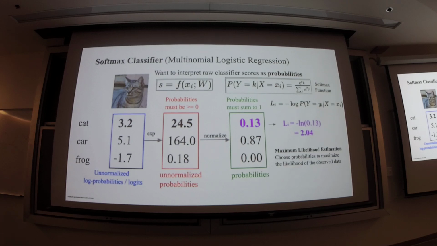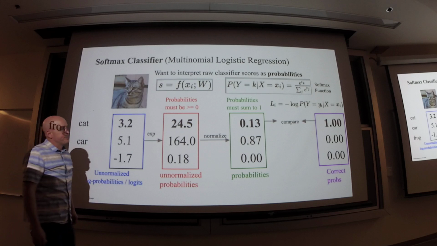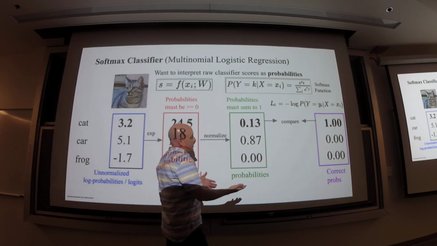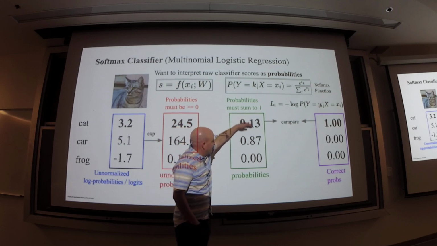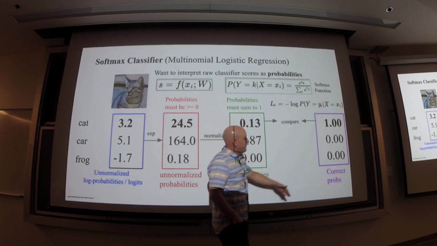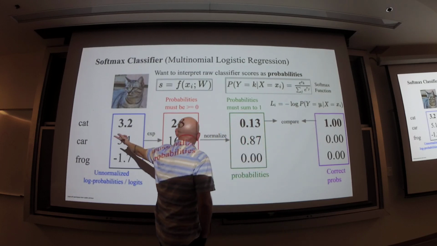This turned out to be actually maximum likelihood estimation, straight up maximum likelihood estimation. The way that you express this loss function is you have this probability distribution right here, and then you have the correct one, right? So this is a cat.